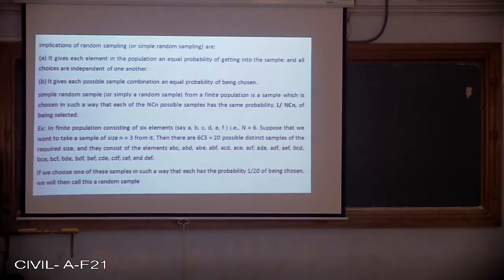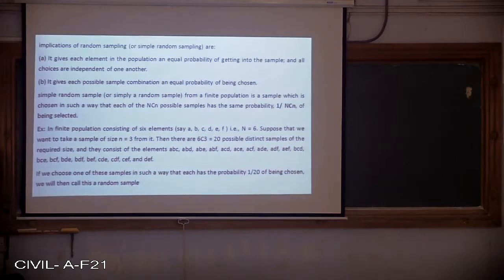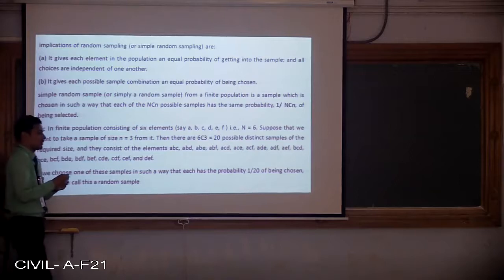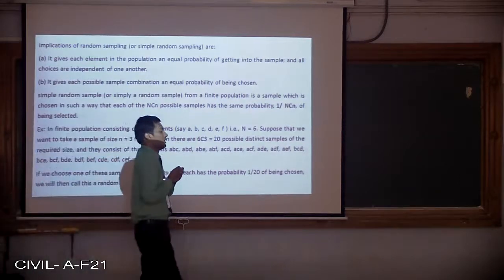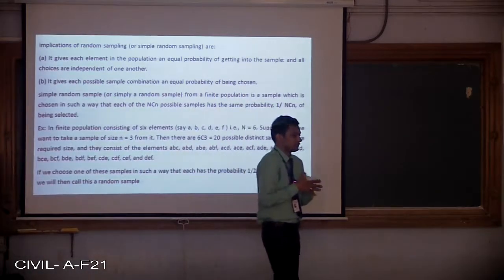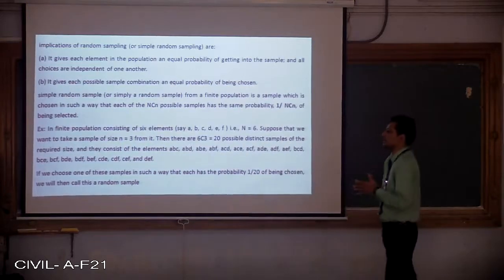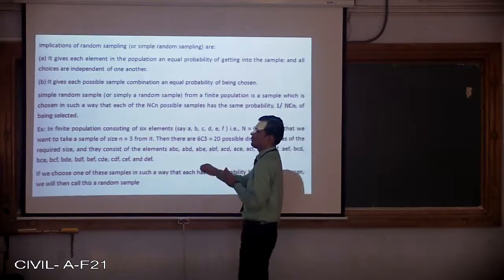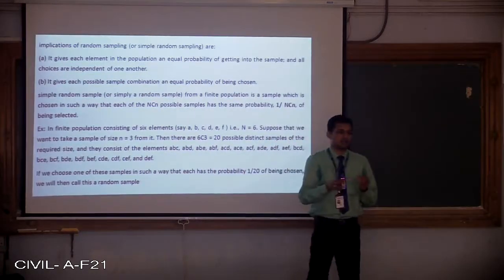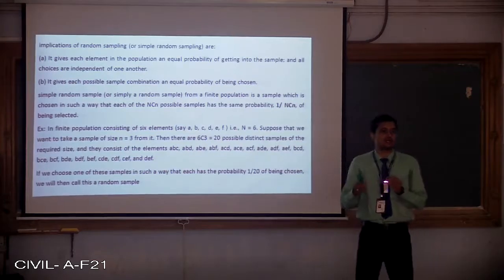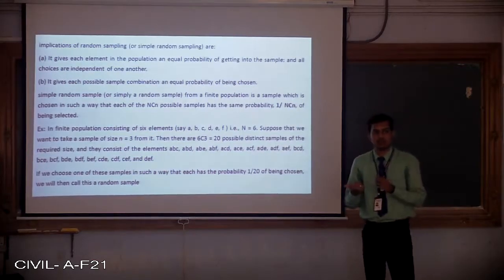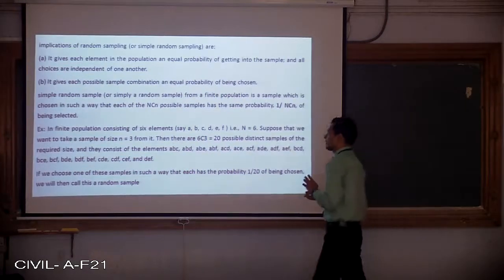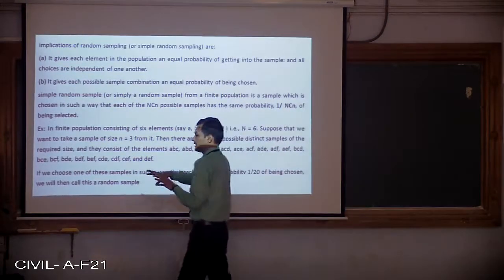It gives each possible sample combination an equal probability of being chosen. Every item has its importance and is included. For example, when you are doing a parametric analysis, if each parameter is given the same equal importance, all 6 parameters or 5 parameters, then it comes under simple random sampling. Clear? If any of the parameters is missed out and not given any chance, at that time it is non-probability.